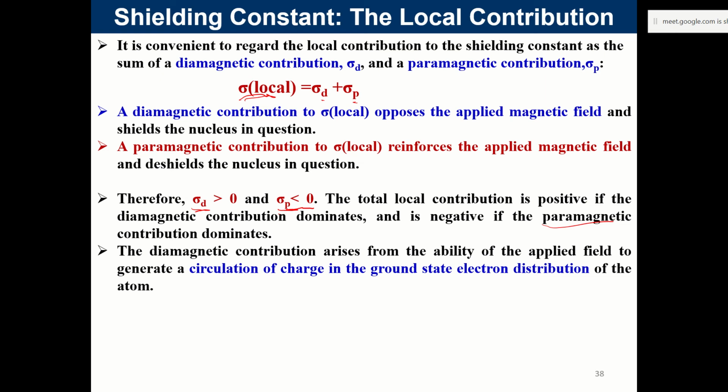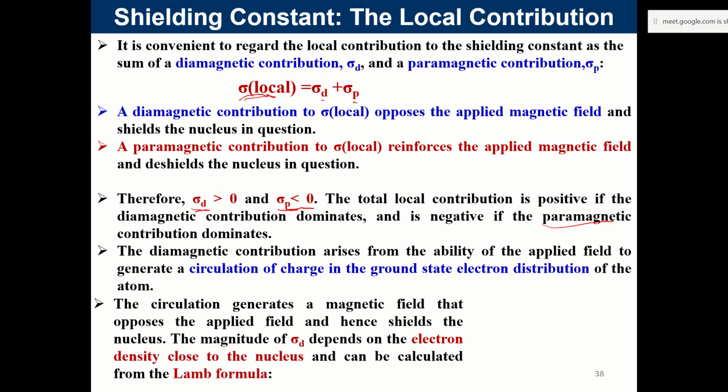Diamagnetic contribution is basically related to the ground state electron distribution, and when you apply a magnetic field, they circulate. The ground state electronic distribution undergoes circulation, and that gives rise to this, and it can be easily calculated from Lamb's formula as given over here.